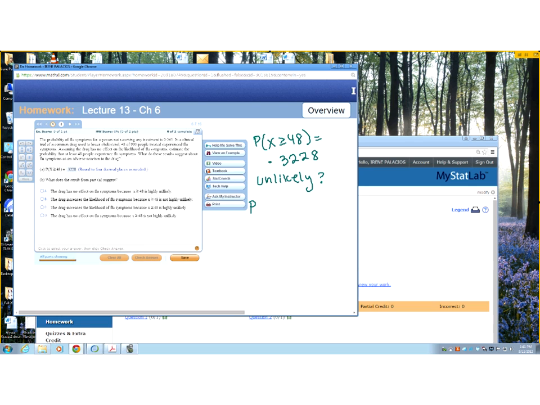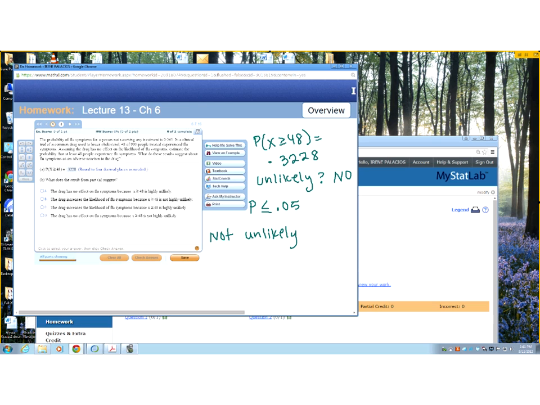Unlikely is when the probability is less than or equal to 0.05. Of course, here it's not. So we would say, no, it's not unlikely. We couldn't say that it's likely. All we can say is that it's not unlikely because it's not less than 0.05.